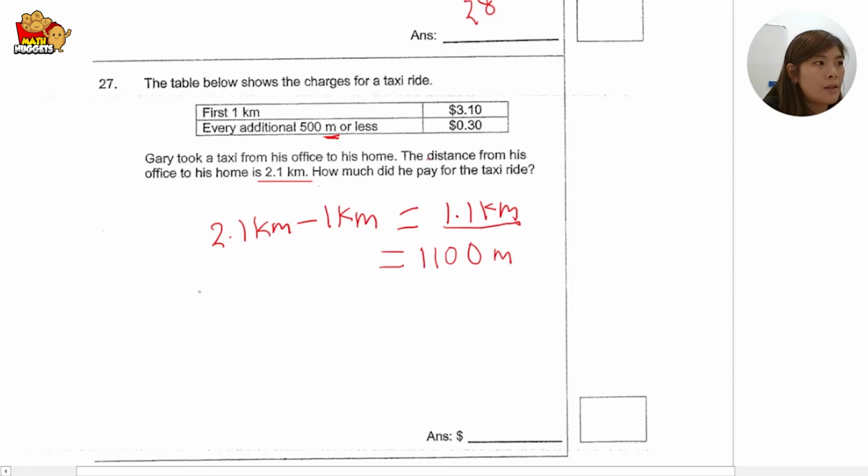To know how much to pay, we have to take 1100 divided by 500. So 1100 over 500, we cancel away the 0s, then we're left with 11 over 5.